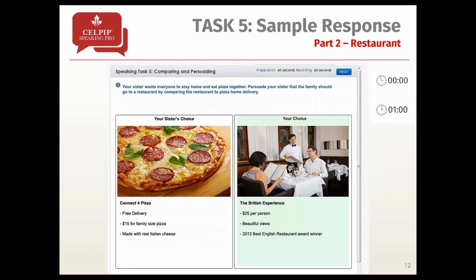Maybe Chris will be able to answer that. And examples of concluding sentences. So in this one, for example, you might say something like, well, it seems to me there's no doubt that the British experience is the best choice for us. Something that just kind of wraps up what you've said, okay?